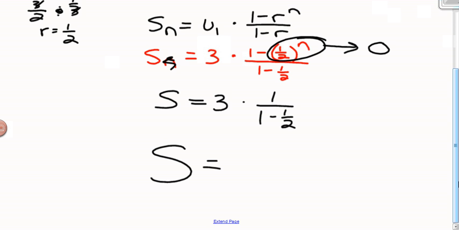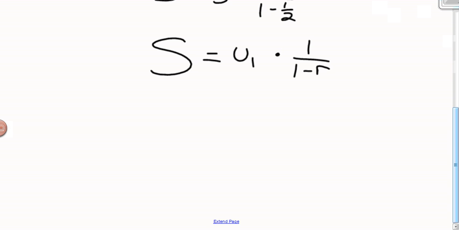S equals 3, my first term, which is u sub 1, times 1 over 1 minus 1/2, my r value. So the convergent series for geometrics is u sub 1 times 1 over 1 minus r, or S equals u sub 1 over 1 minus r. Either of these are perfectly acceptable to use.